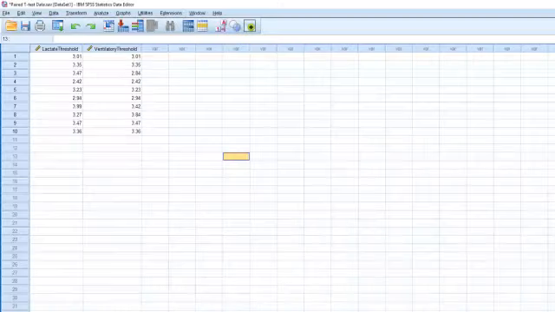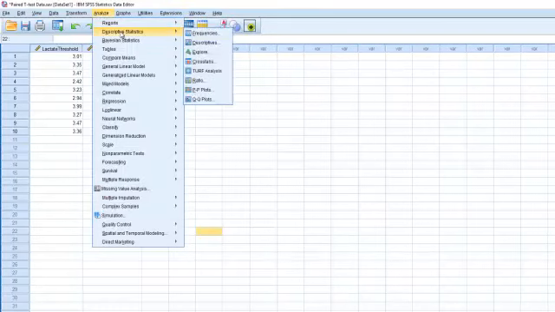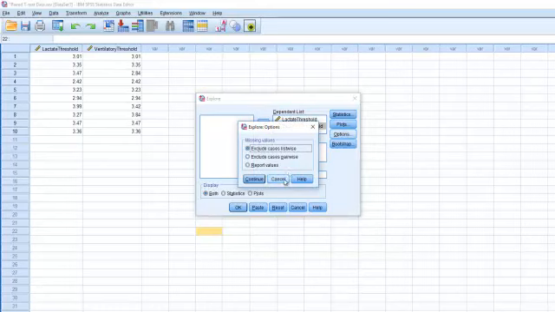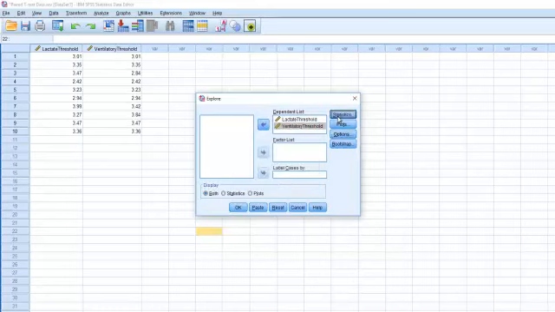If we go back to SPSS, the first thing we need to do is check whether our data is normally distributed. So we're going to go to Analyze, Descriptive Statistics, Explore, and we're going to put lactate threshold and the ventilatory threshold over into our dependent list. We're going to click on Options, go to Statistics.